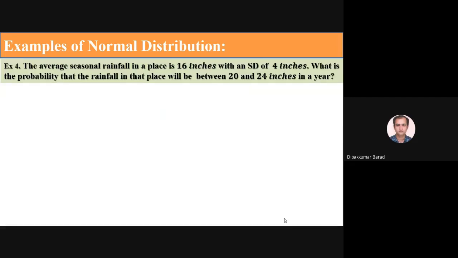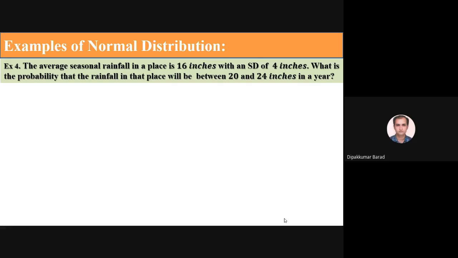Now example number 4. The average seasonal rainfall in a place is 16 inch with a standard deviation of 4 inch. What is the probability that the rainfall in that place will be between 20 and 24 inch in a year?